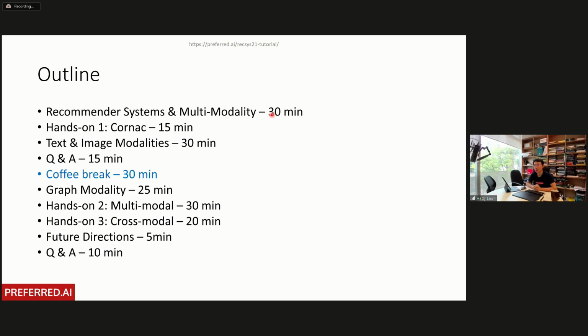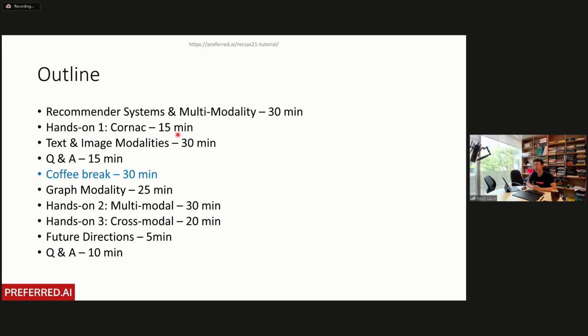Now, beyond the introduction, which is a gentle introduction to set up the framework as well as the scope of what we're going to be talking about today, we're going to take you to Cornac. This is going to be a hands-on exercise where we will show you a notebook that you can run, and we're going to discuss the notebook along with you.